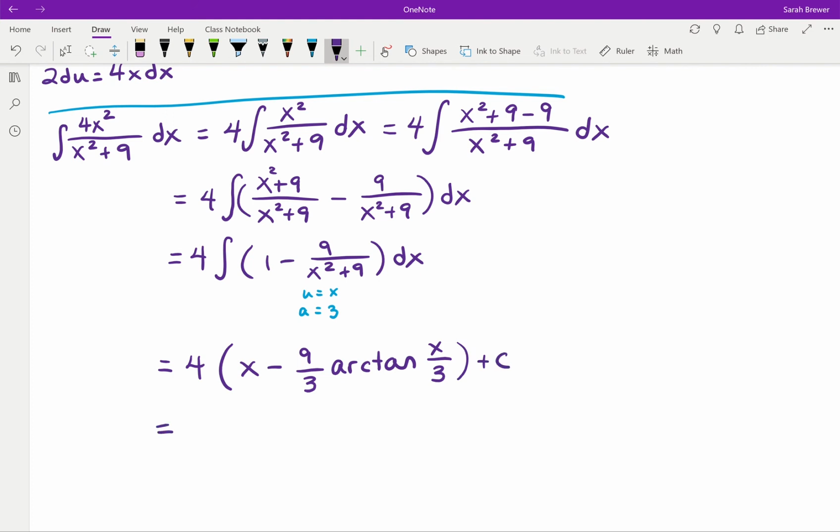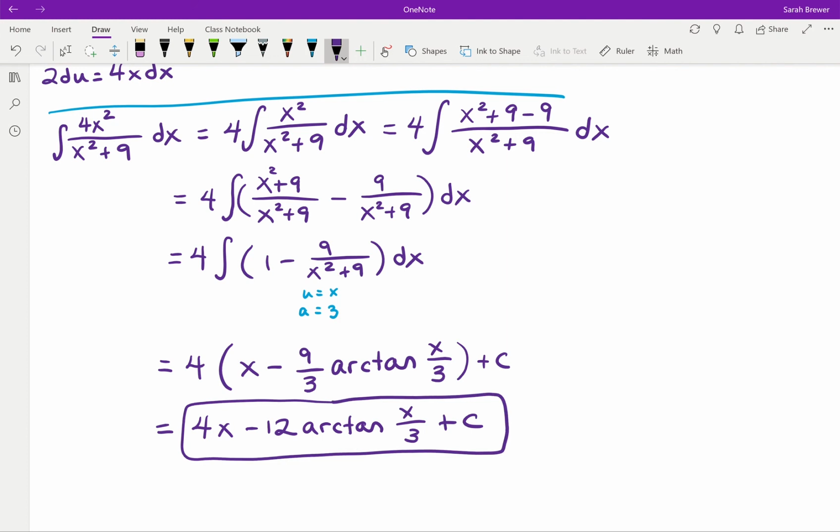And I'm going to go ahead and distribute my 4, and so I'm looking at an answer of 4x minus 12 times the arctangent of x over 3 plus a constant here.